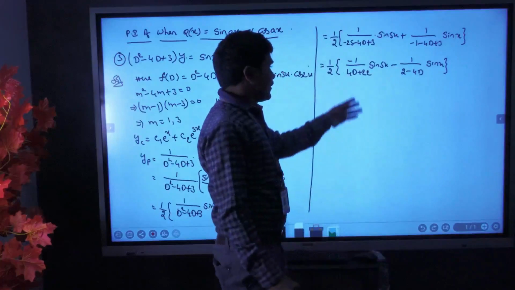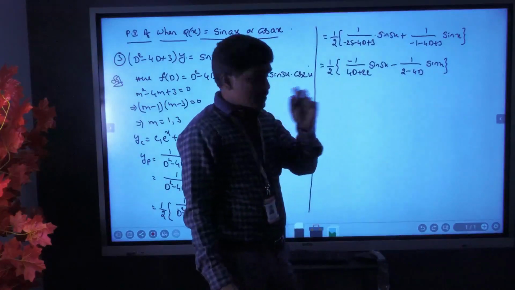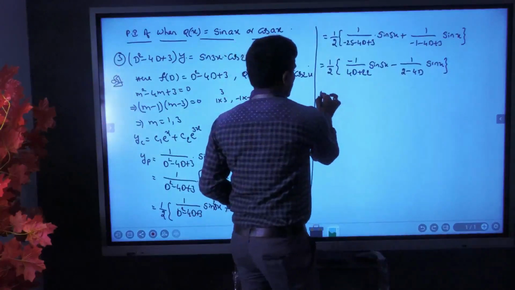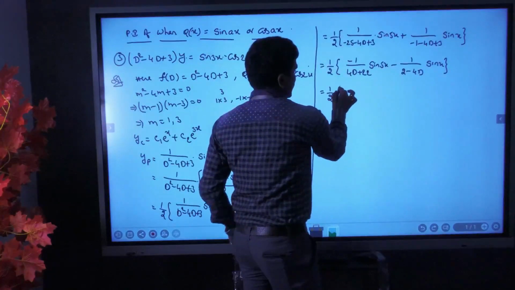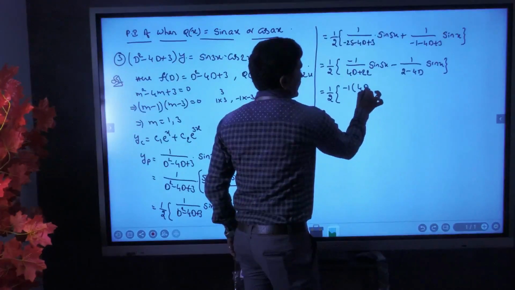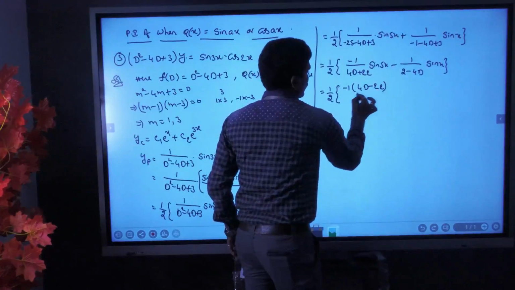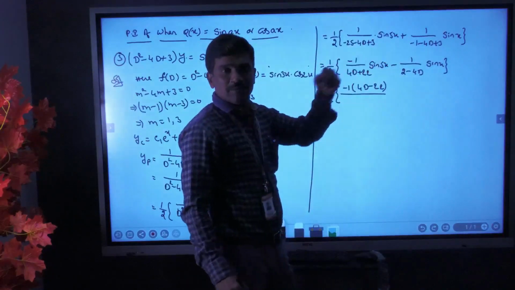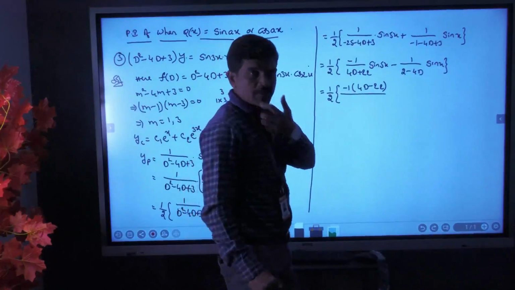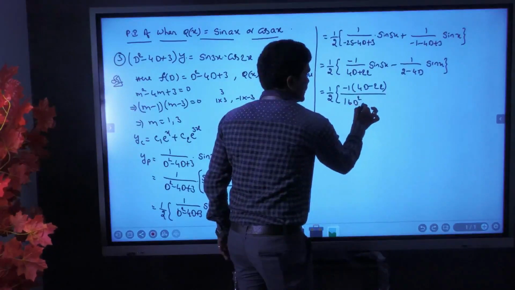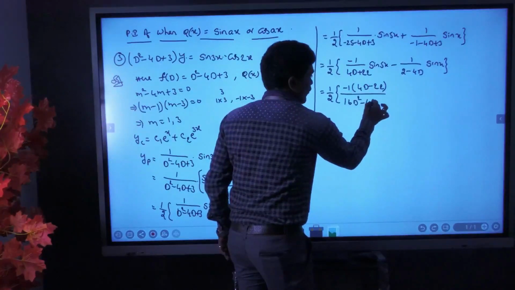Okay. Now here in the denominator 4d plus 22, in that 2 minus 4d. Then rationalize this. So when rationalizing, here we get minus 1 into 4d minus 22 by, what is here, 4d plus 22 multiplying with 4d minus 22, then a plus b into a minus b, a square minus b square, 16d square minus 22 square.